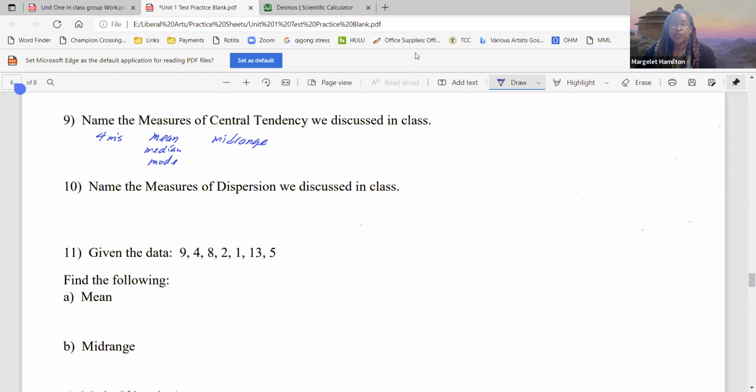So for measures of dispersion, there's only 2. So it's range and standard deviation. Those are your only 2 for your measures of dispersion.